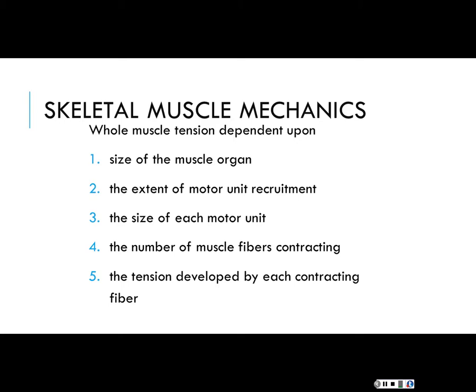Tiny, large. You can look within the organ and see how many or few motor units are actually recruited in that organ. And then we go back to what we said, the size of the motor units. And then we look at the actual muscle organ itself. Just because a muscle cell is innervated doesn't mean that it's actually responding to the stimulus.